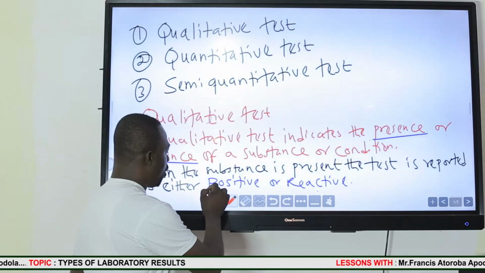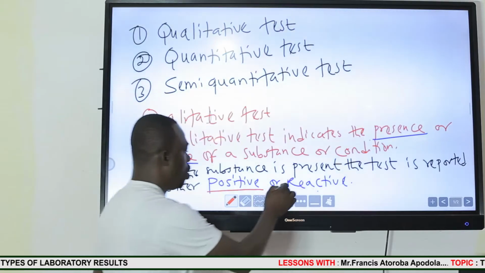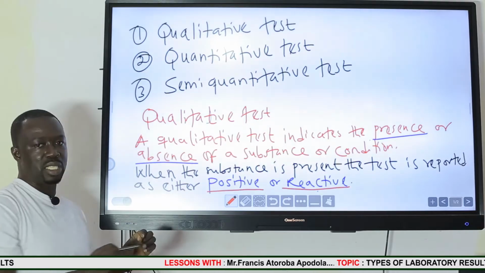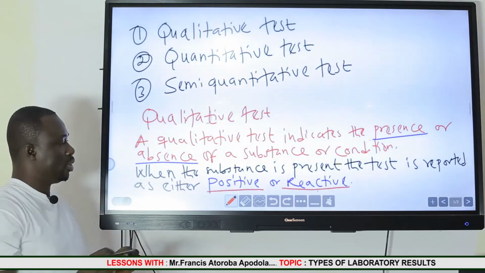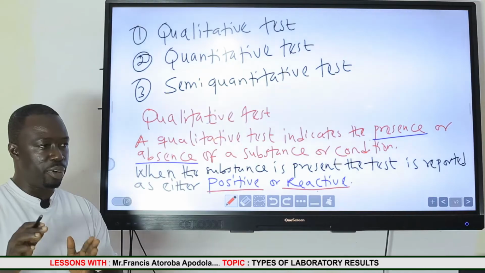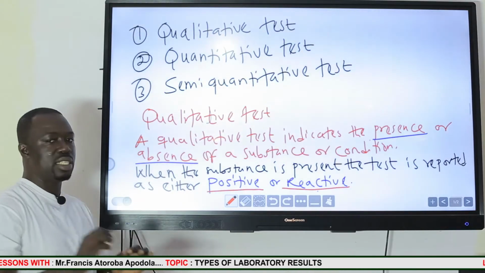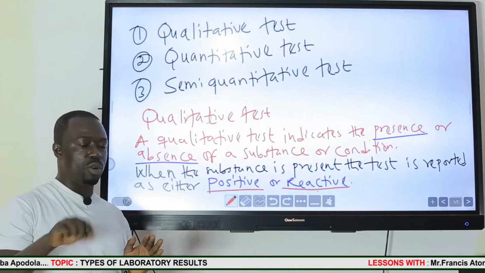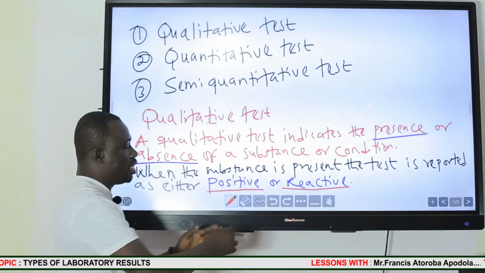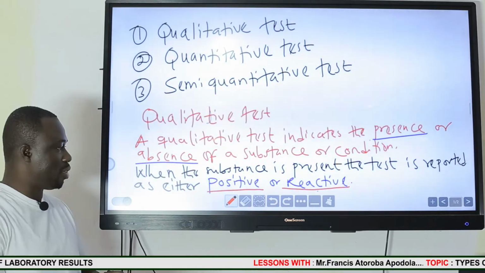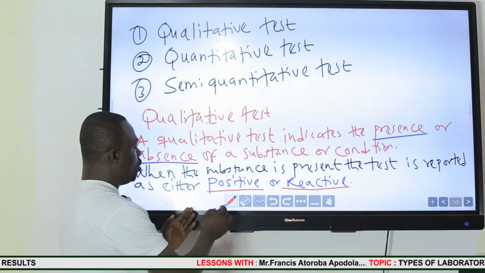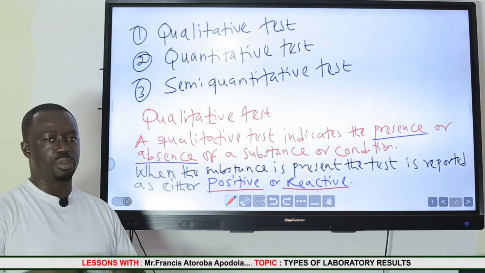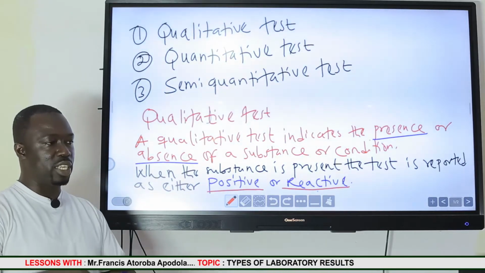In fact, these two reporting terms are used interchangeably in laboratory practice, but there is some slight difference between them: positive appears to be more confirmed, while reactive just indicates the reaction by the substance. So we either use positive or reactive, where positive or reactive means the presence of the substance.